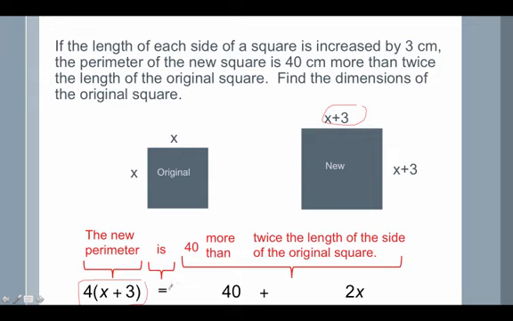So I get my equal sign, and now I need to translate 40 centimeters more than twice the length of the original square. 40 more than is plus, and then twice the length of the side of the original square. Twice the length is 2 times the length. What is the length of the original square? It's just x, and that's where my 2x comes from.